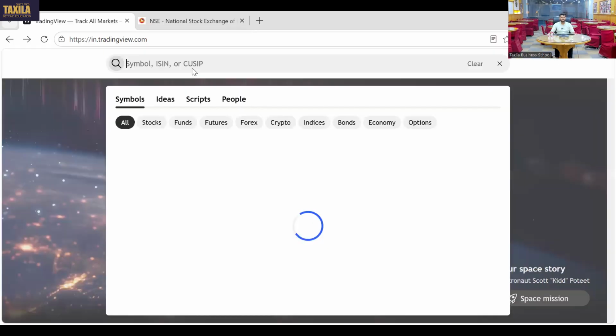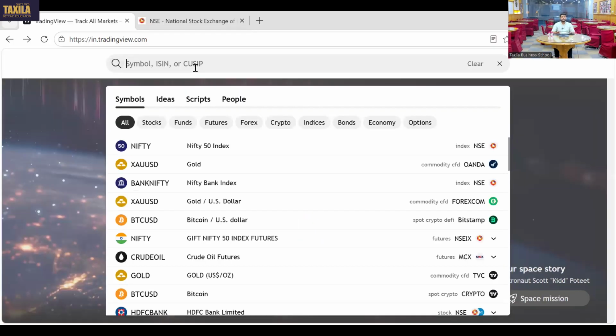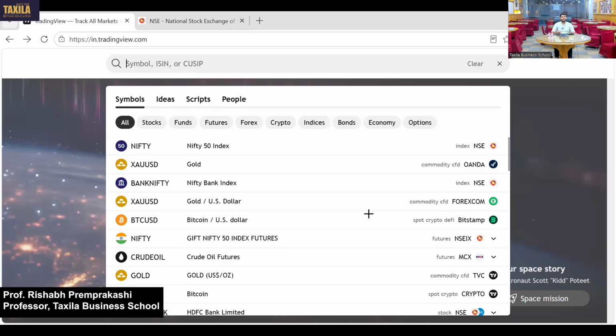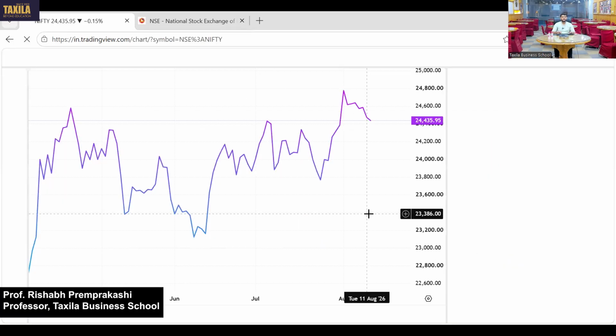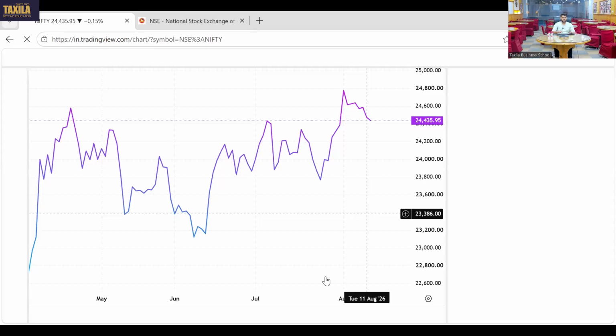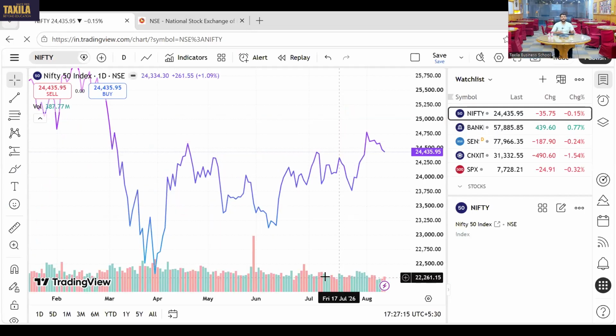You need to have knowledge about TradingView. Just a while, let me move forward. Okay. So let's continue. How TradingView works. Simply, I wrote Nifty and it opened a chart for me of Nifty.